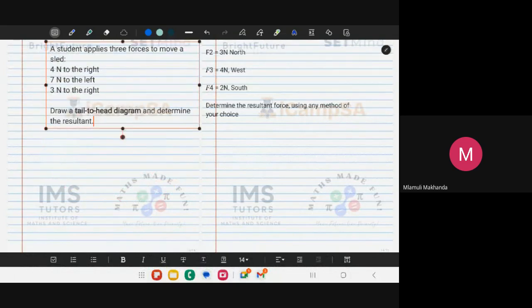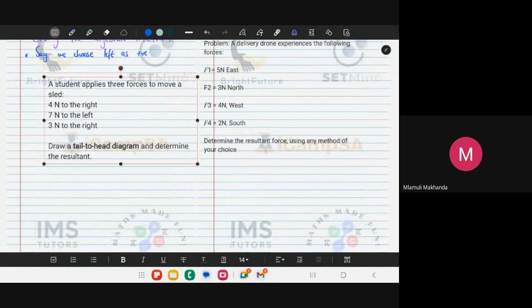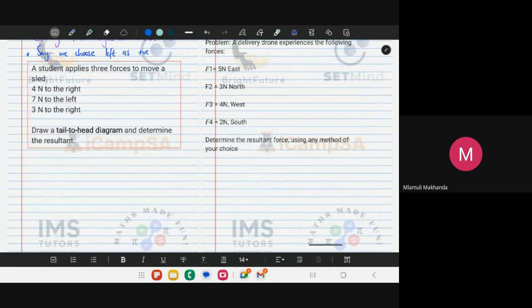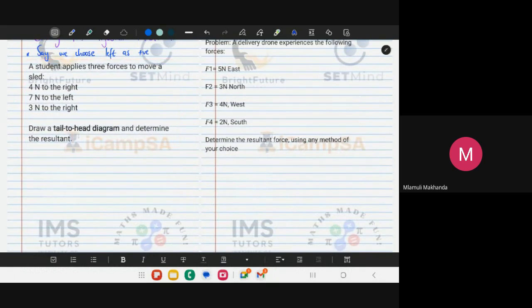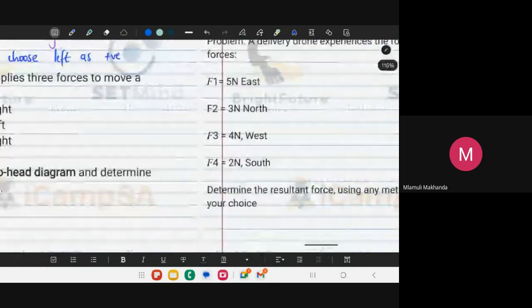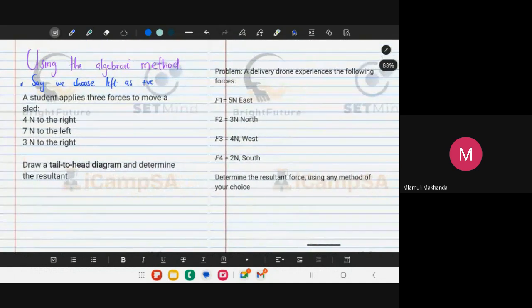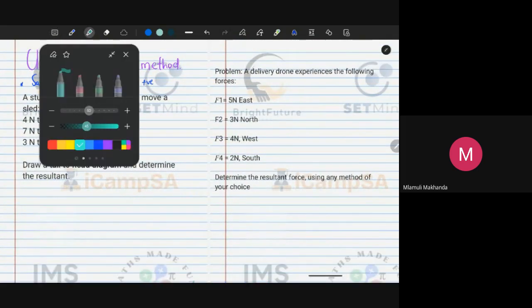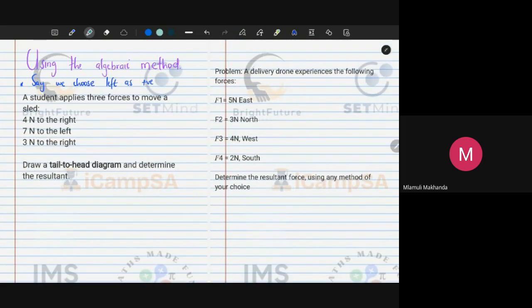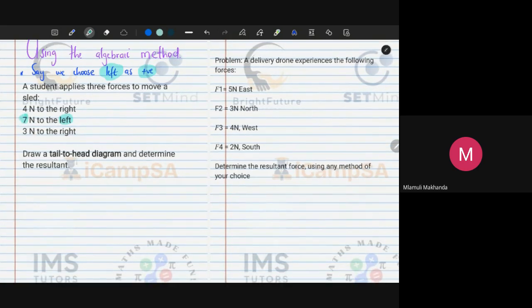Great. Aha. So this is our problem, right? So we choose left as positive. So let's highlight it so that we keep it in mind. Left is positive, right? So this guy is left, so it should be positive. And that means right is negative. So let's continue.